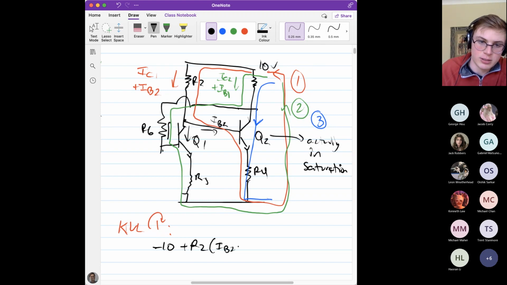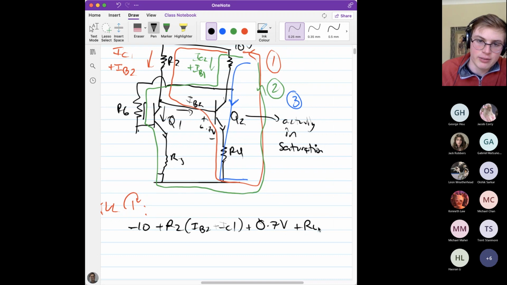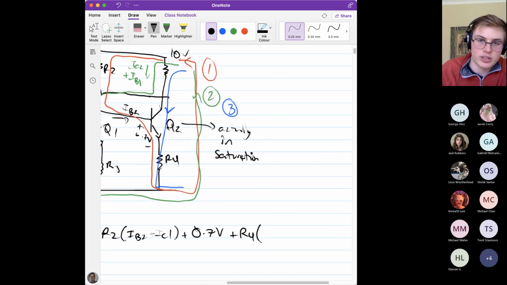So let's do IB2 plus IC1 plus, and then we have this 0.7 volt drop, right? 0.7 volts. And then we've got R4, and the current through here is our collector current 2, added to our base current 2. So collector plus base is emitter.